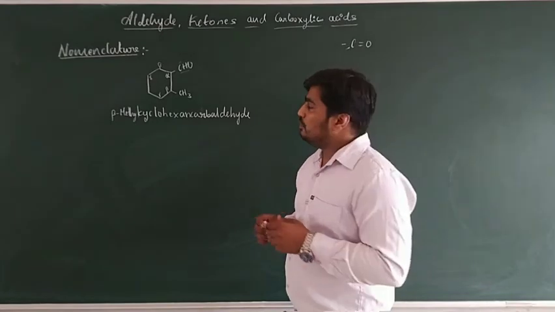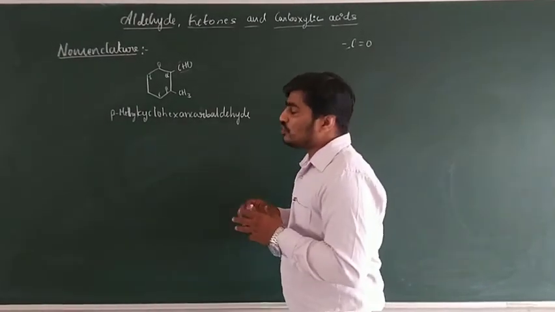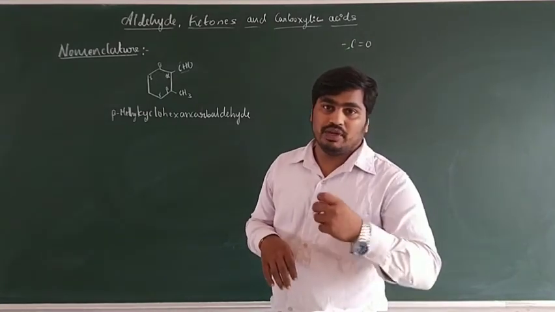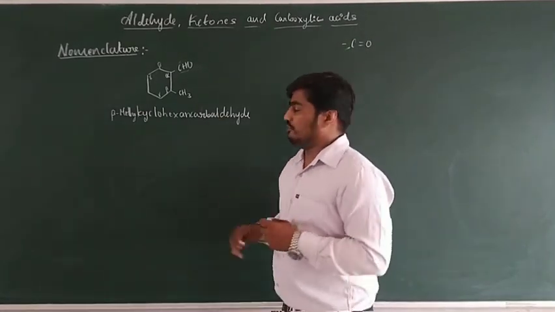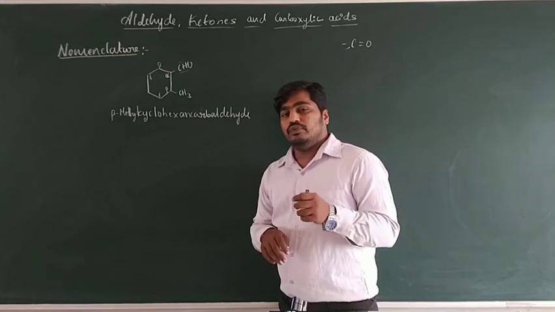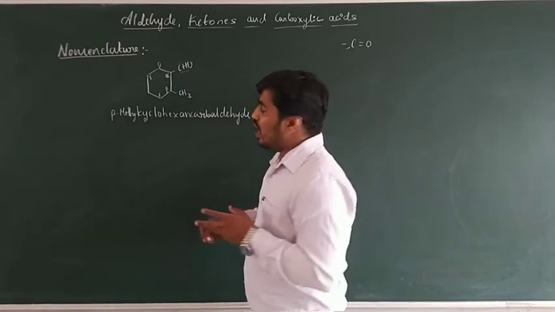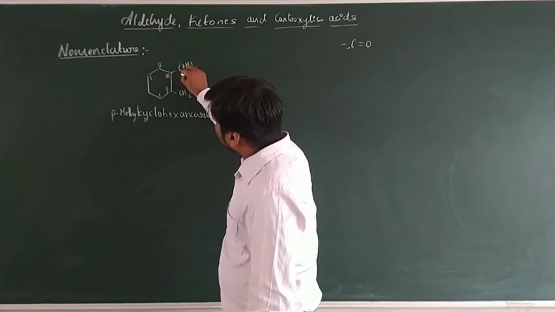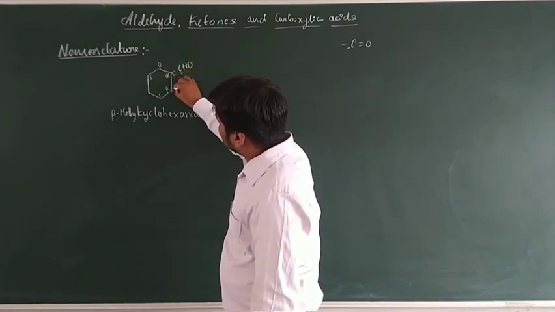Suppose a question is asked to write the IUPAC name of the same compound. Then we use numbers. How to number the carbons? This is the first carbon, this is the second carbon, this is the third carbon.